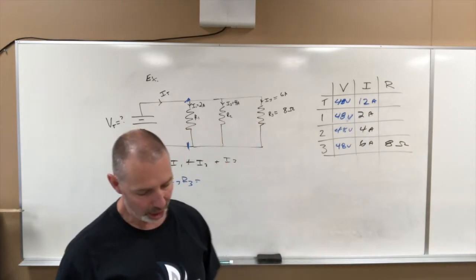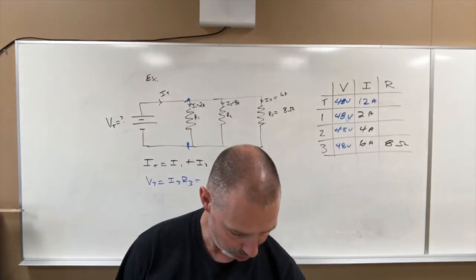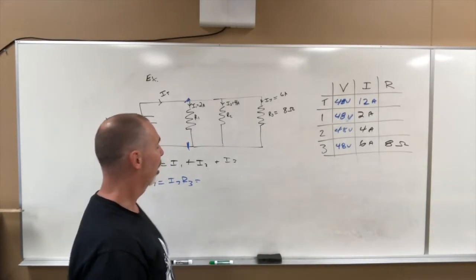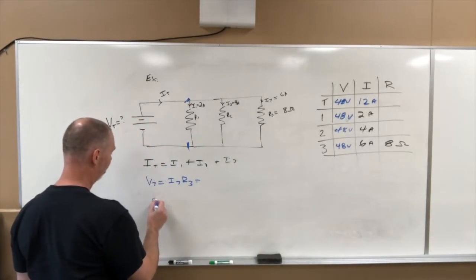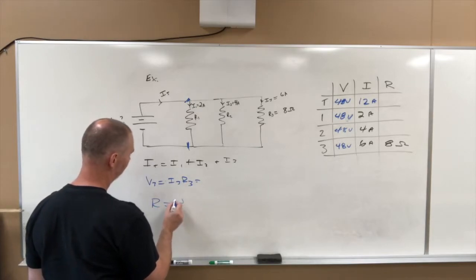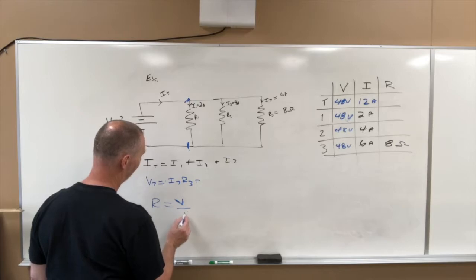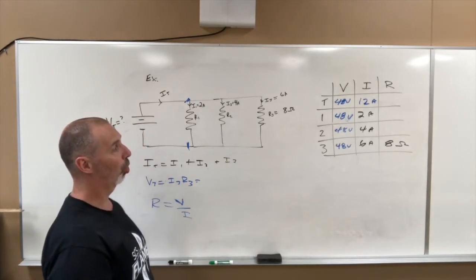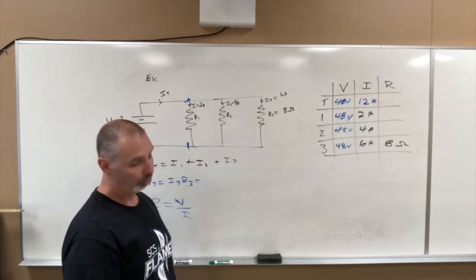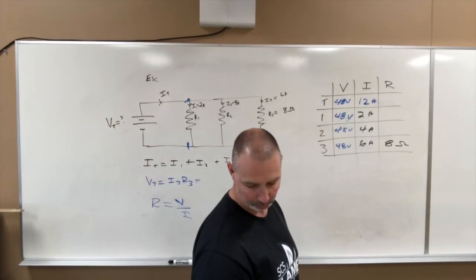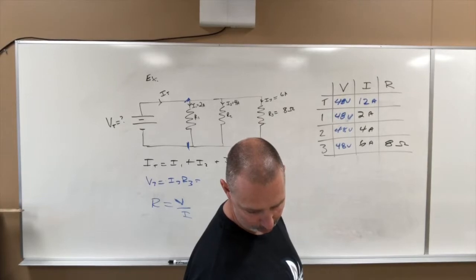And now it's pretty straightforward to find our resistances. All we need to do is divide. Remember that R will equal V divided by I, and we can solve for all of our resistances. Okay, and so where do we have those here?